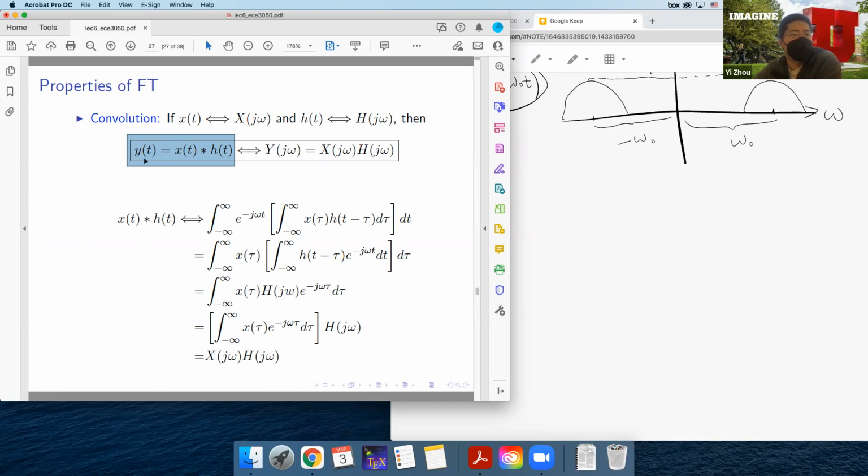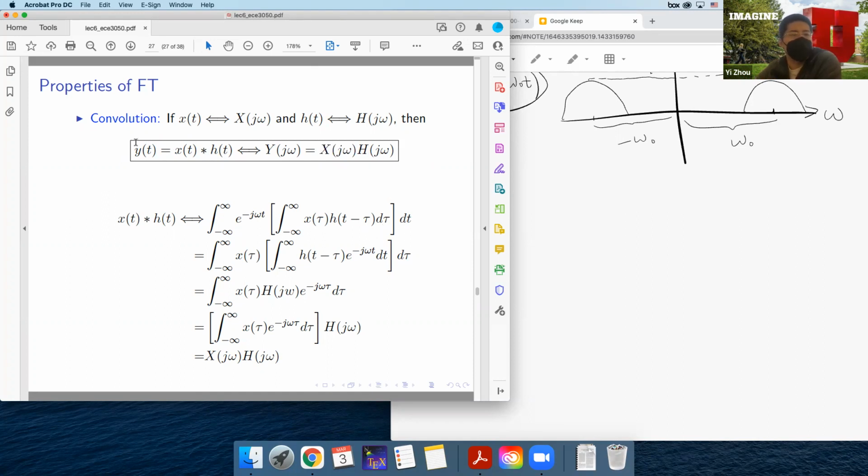If we analyze the convolution in the frequency domain, the relation is rather simple. You take Fourier transform on both sides, you can prove that the Fourier transform of the output is simply the entry-wise direct multiplication of the corresponding spectrums of x and h.